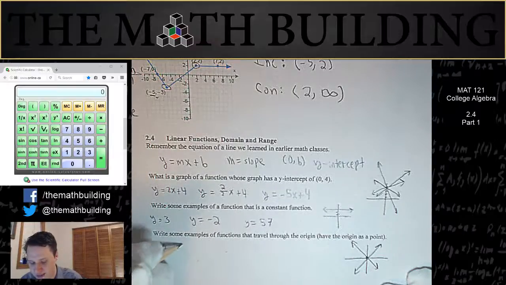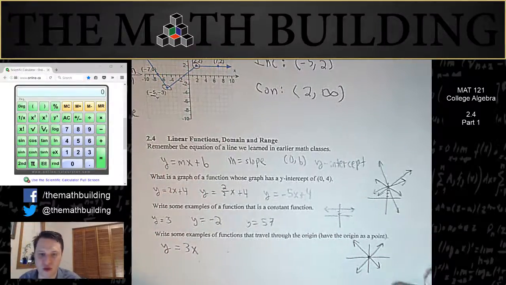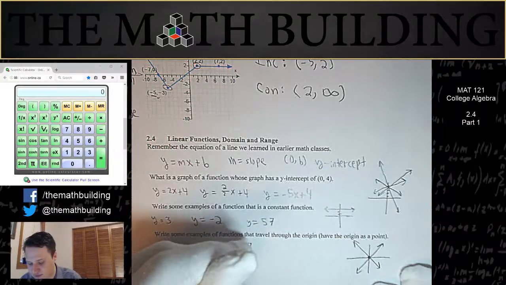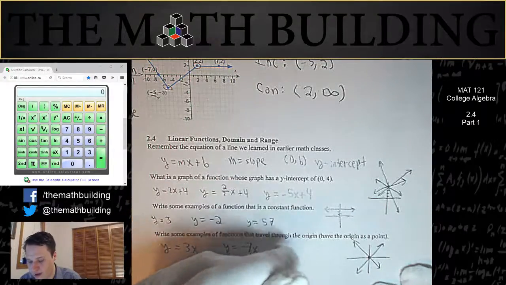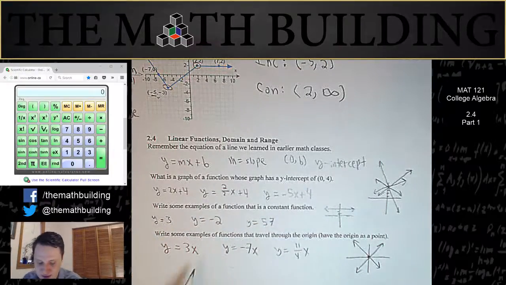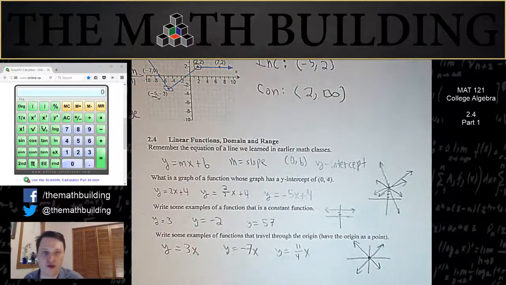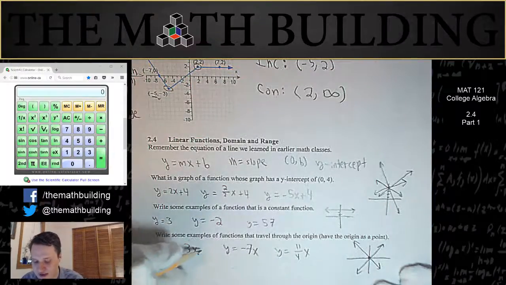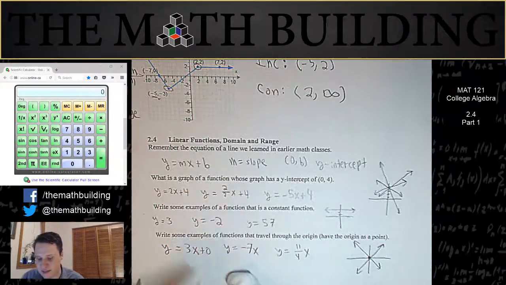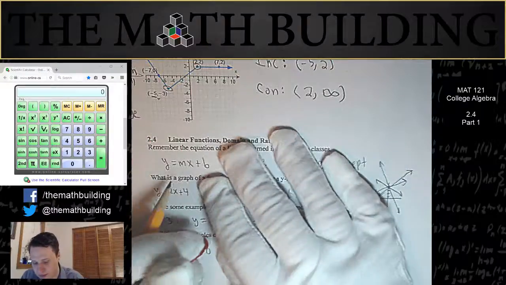So an example of a line that goes through the origin would be y equals 3x, or y equals negative 7x, or y equals 11 over 4 x. Because each of these lines has a y-intercept of 0, they're all going through the origin. b equals 0. In fact, if you wanted to, you could write plus 0, but that's unnecessary. But that makes it easier to see that the b is 0.